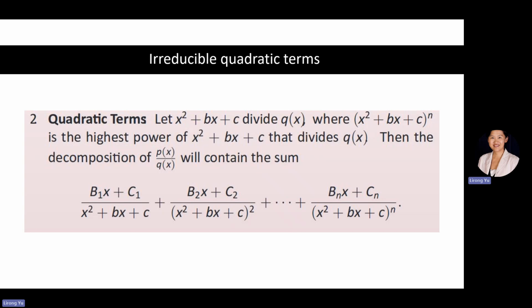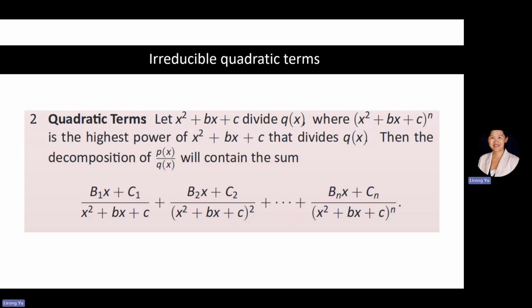So the second scenario is if you have degree 2 factors in the q of x, and then we still have to look at the power of that one. Let's suppose the power is n, and you're going to get n of those decomposed terms. In this case, the numerator has to have a lower degree, they all have to be proper fractions. So for the degree 2 denominator, the numerator is degree 1, like bx plus c.